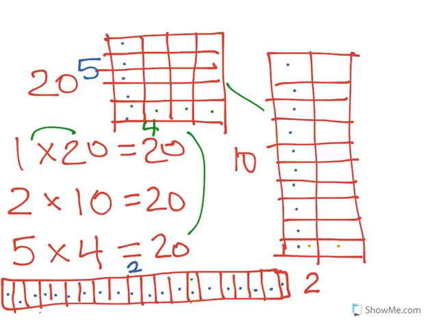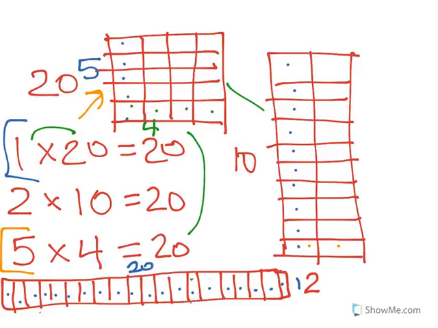So that is 20 units long, and it's only 1 unit high. If I multiply the 1 times the 20, as I did up here, I'm going to end up with 20 boxes, because I have one set of 20.